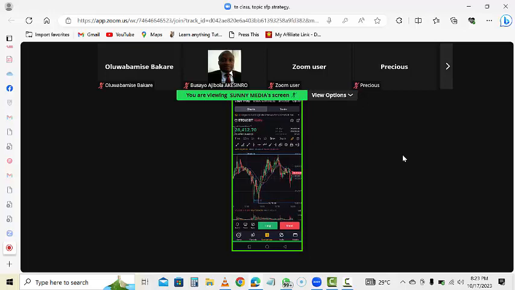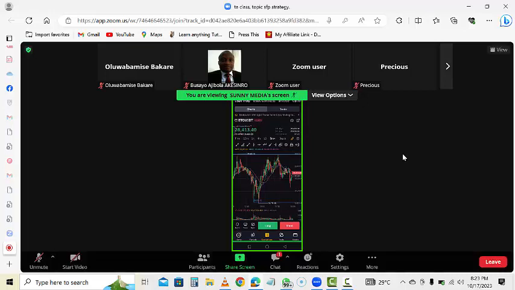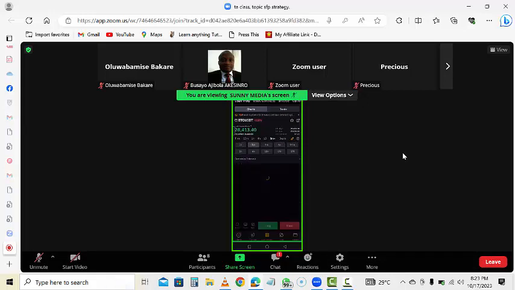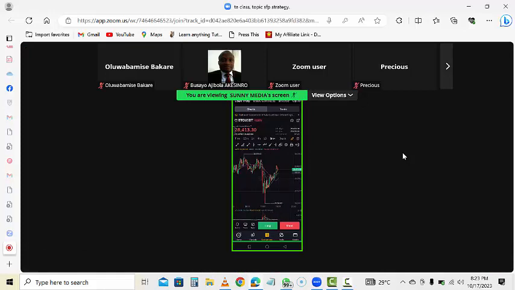Whenever the wick first happens, I always want to look out for the second, the recovery of it. Once the candle recovers it and respects the zone, you can go to as low as 1 minute to see.